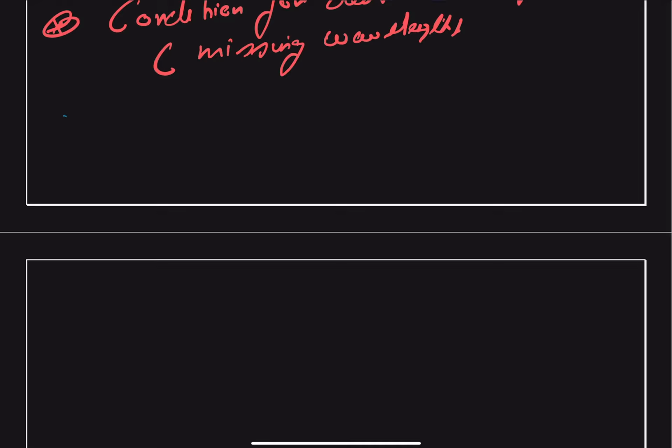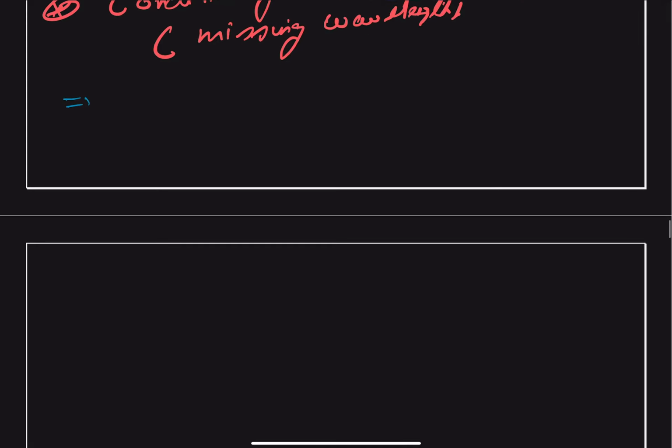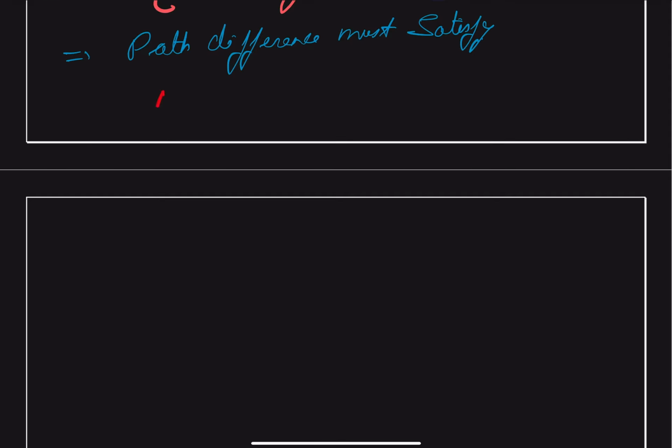So the path difference must satisfy delta x is equal to m plus 1 by 2 times lambda, where m is 0, 1, 2 and so on.